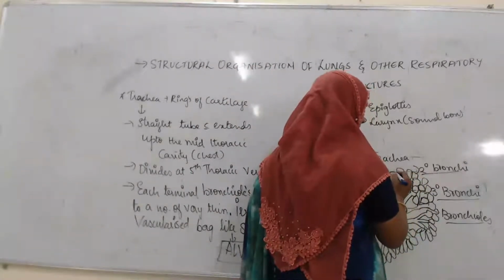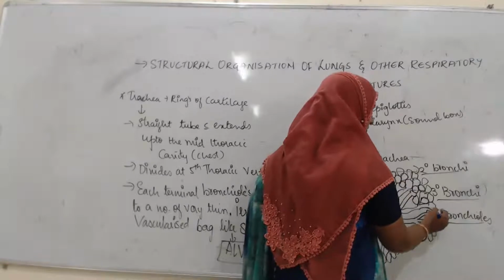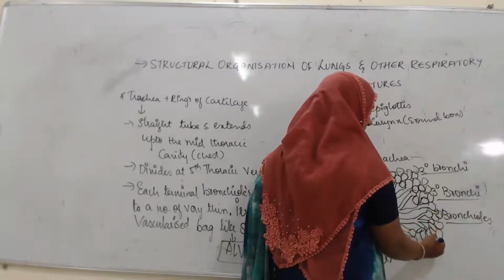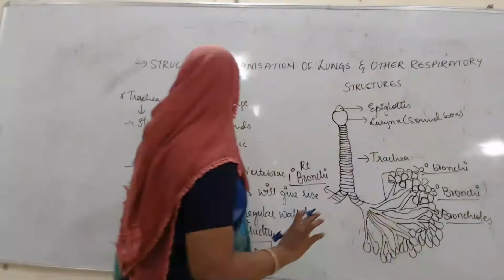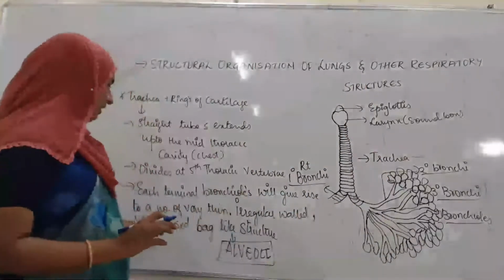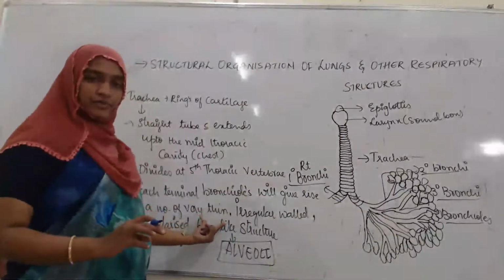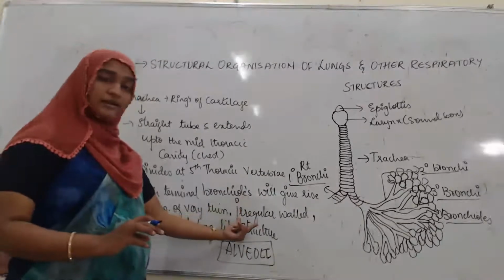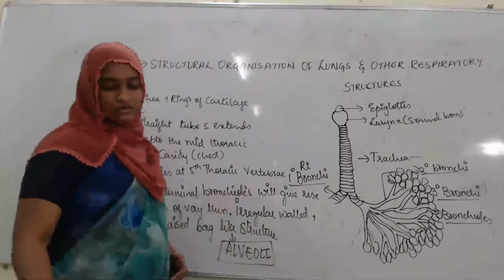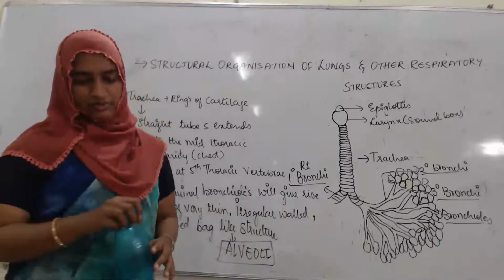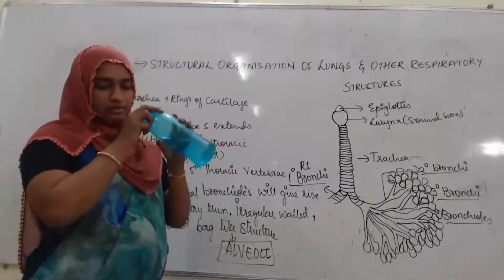What are these alveoli? These are very delicate structures, thin as well as irregular walled, vascularized bag-like structures, which we call the alveoli.